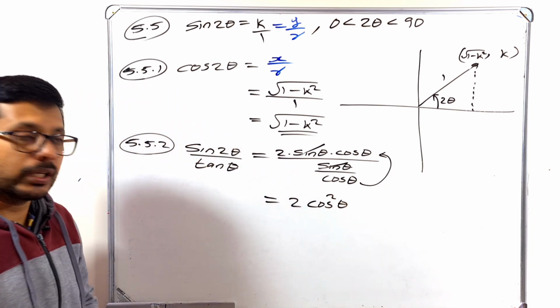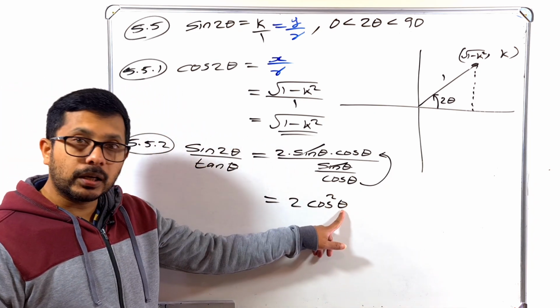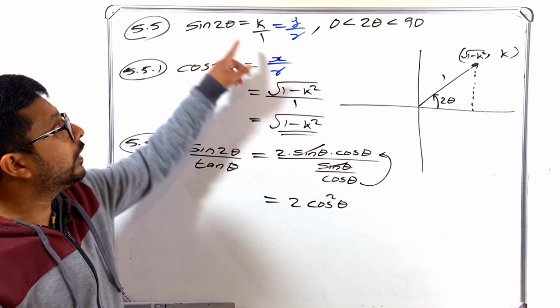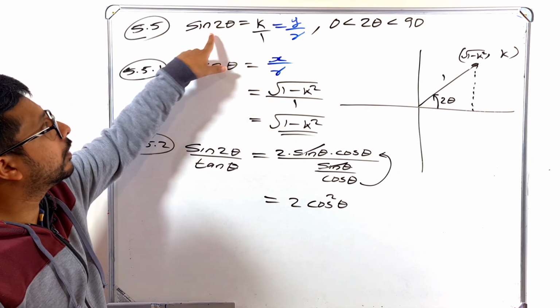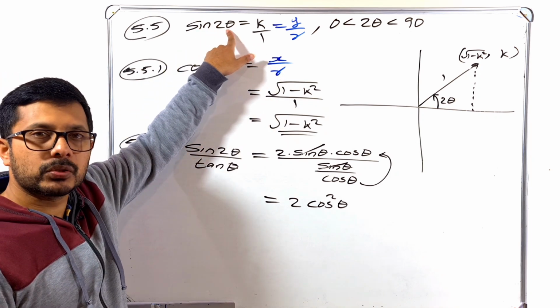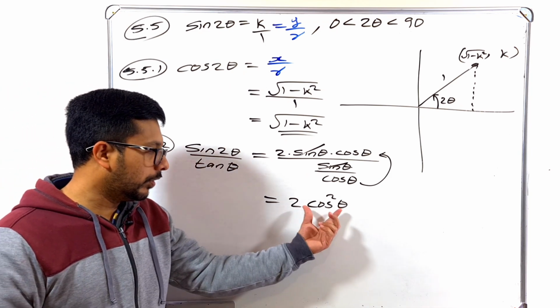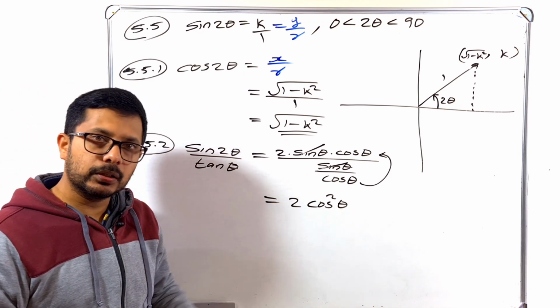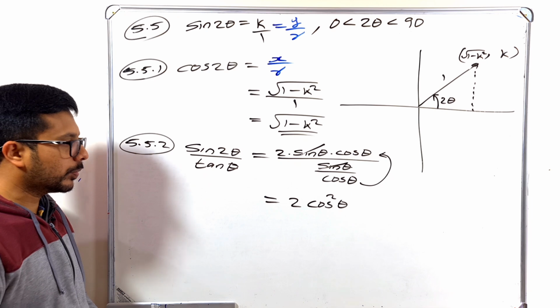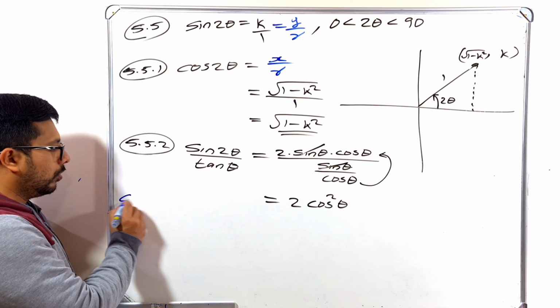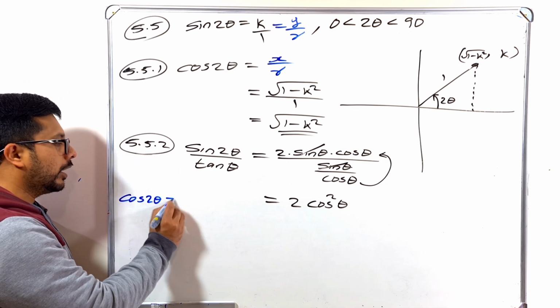But still you can see that it is theta, but do you know any x, y and r based on theta? No, we know only based on 2 theta. Okay, so now I am thinking, how can you convert this theta into 2 theta? So you studied an expression like this, cos 2 theta, the double angle.